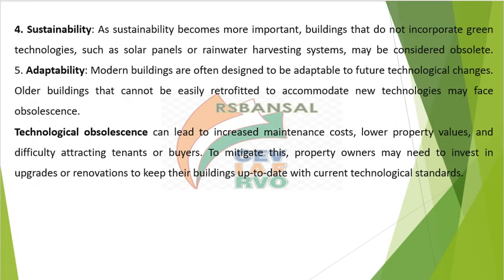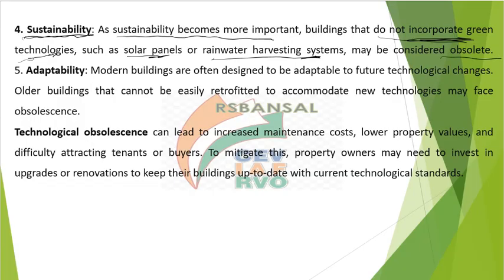And then sustainability. What is sustainability? Nowadays sustainable buildings are constructed, and sustainability is becoming more and more important. If the building is incapable of incorporating green technology such as solar panels or rainwater harvesting systems, we call that the building is not sustainable and it may be considered an obsolete building.